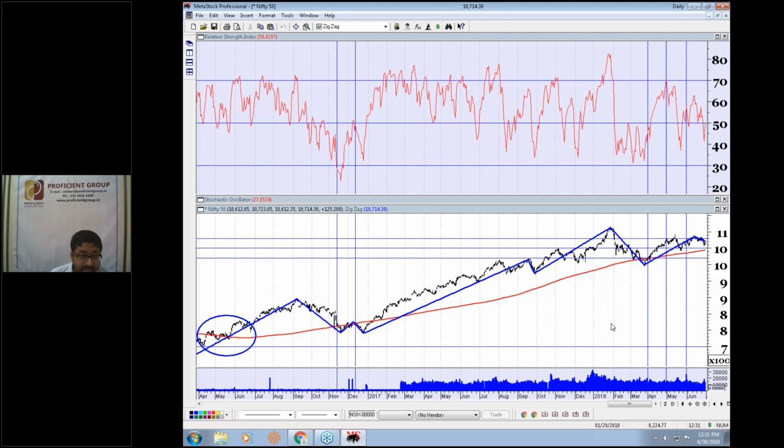that during the beginning of any bull market, the RSI will inadvertently go above the 70 level.